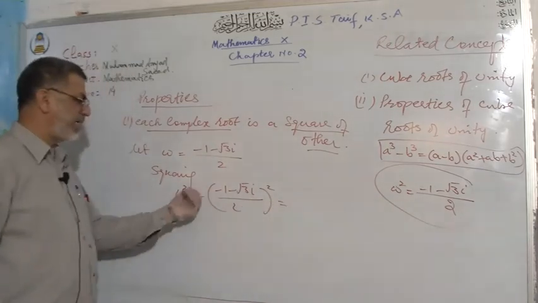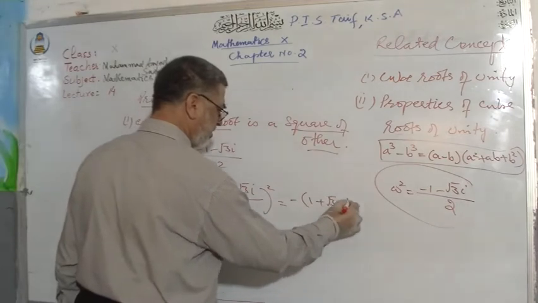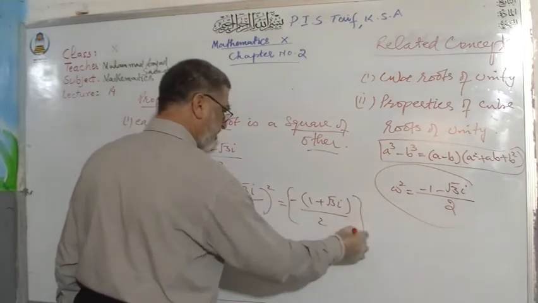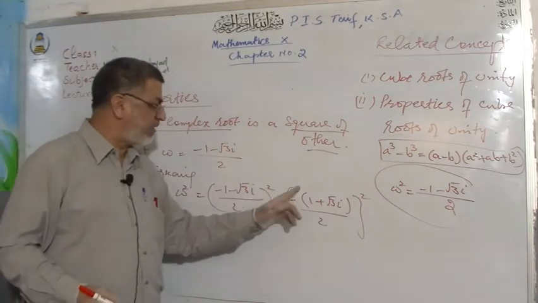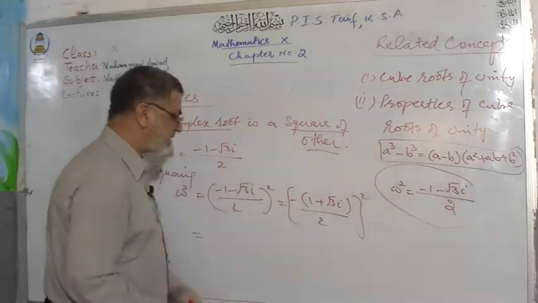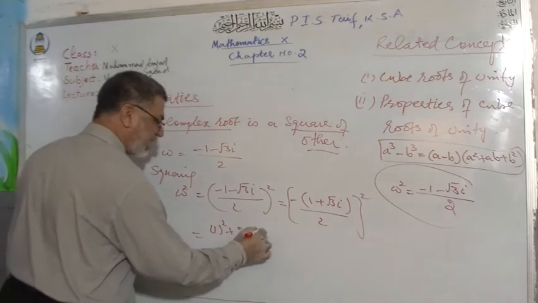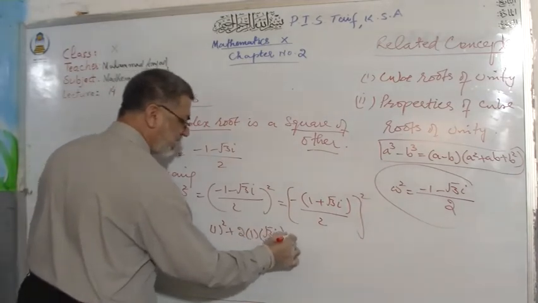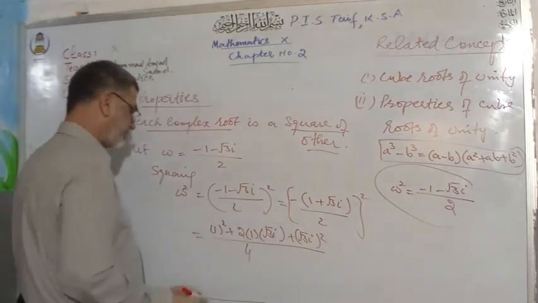Remember, take minus common, but remain inside the square, take minus 1. And then because of the square, it will become positive. And inside you will open up the square: first square plus 2 into first into second plus second square divided by 4.